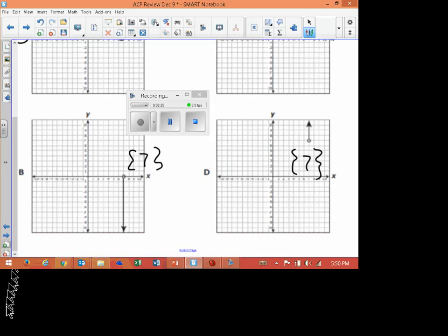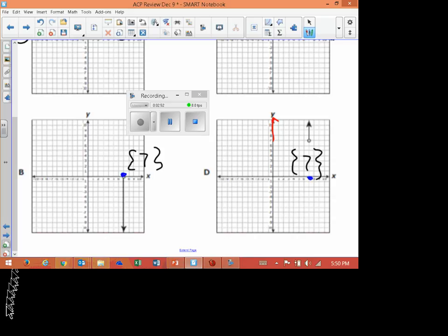This has a range of 7 and all numbers greater than 7. That's the range. If I was looking for the domain, which I mark in blue, it would be just 7.